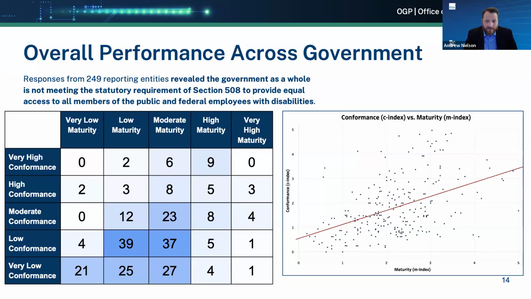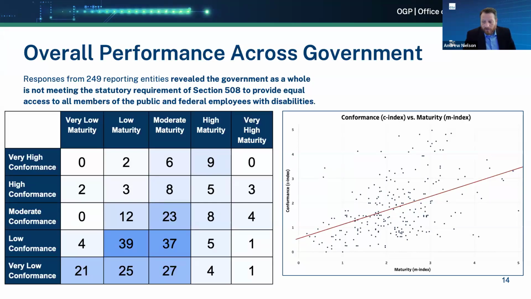And in fact, 76% of federal agencies fell in that range of very low to moderate maturity and very low to moderate conformance only. So the remaining 24% were above that. They were high or very high maturity, or high or very high conformance.